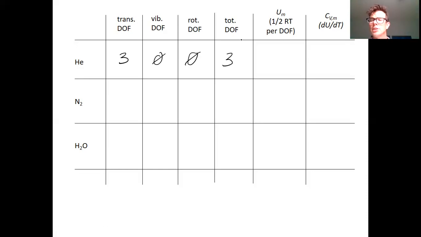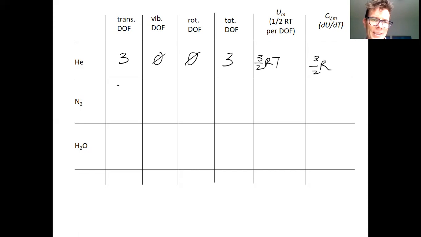Remember that the equipartition theorem tells me that I get 1/2 RT per degree of freedom. 3 total, so this would lead me to 3/2 RT. And if I finally calculate the constant volume molar heat capacity, the derivative of this expression with respect to T, I get 3/2 R.